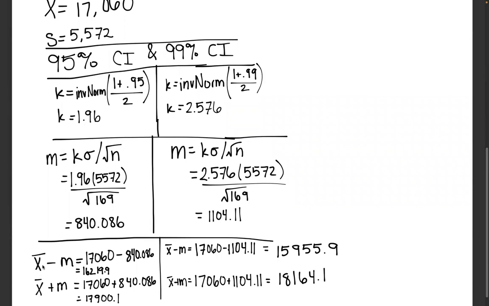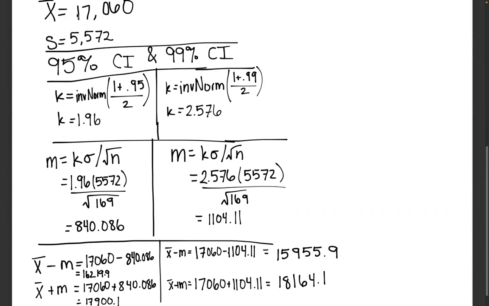All right, next is the actual calculation of the confidence interval itself. So we're going to do X bar minus M to get the lower bound of the confidence interval, and then X bar plus M to get the upper bound. So for the 95% confidence situation, X bar minus M is 17,060, which was given to us in the problem, minus our M, which we just calculated in the previous step, which gives us 16,219.9.